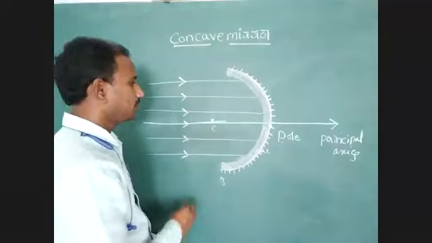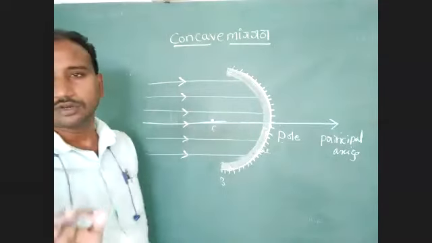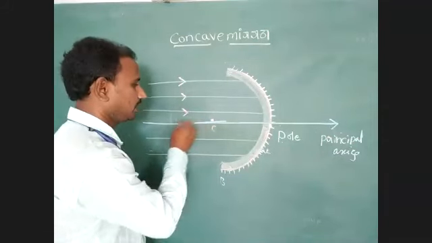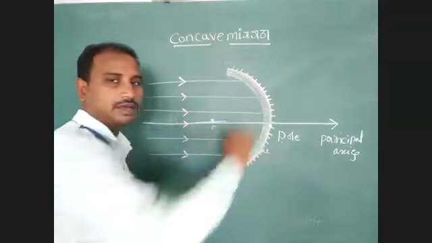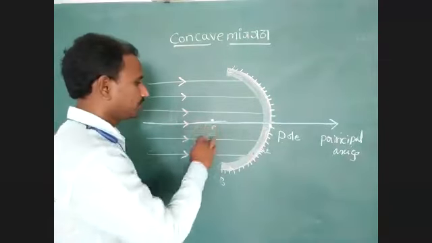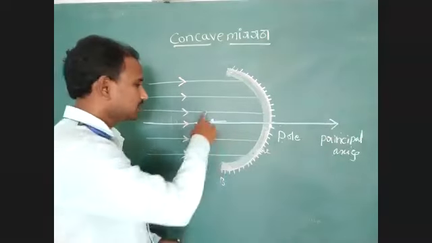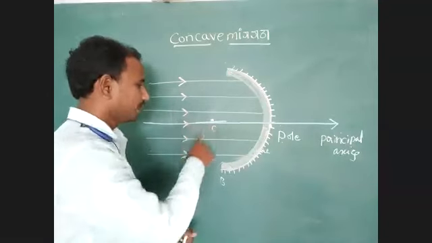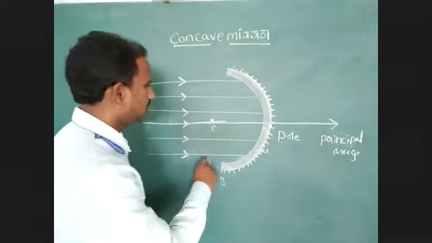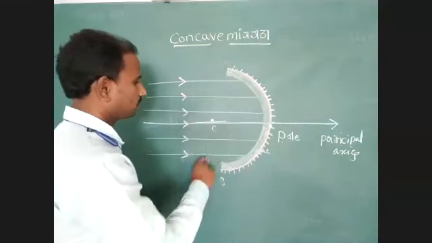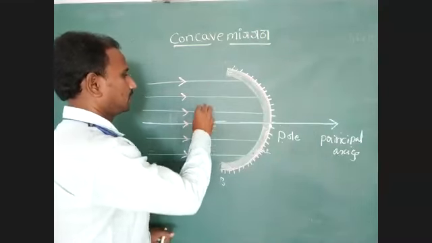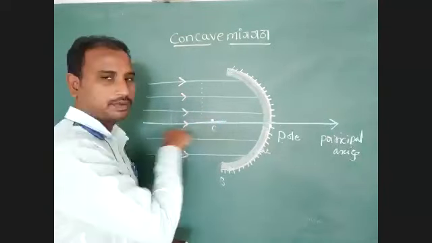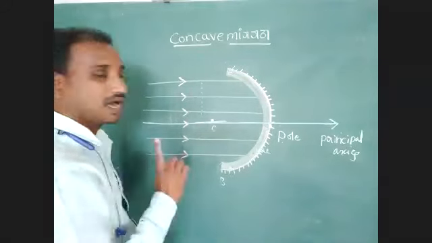Here we have to identify the light rays near the principal axis. The first one already follows the path of the principal axis. These two light rays near the principal axis are called paraxial rays. The light rays we consider far away from the principal axis are called marginal rays.